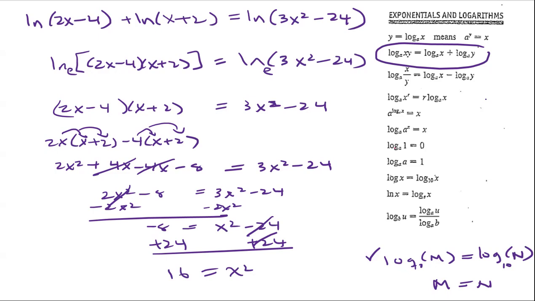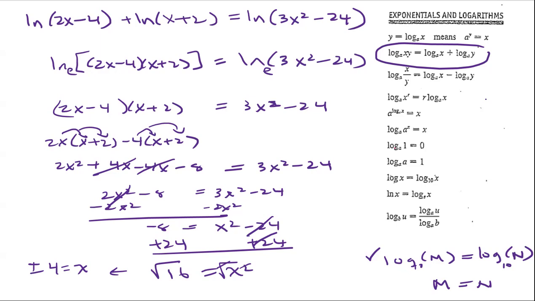Right, so now we have a power of 2. That means we should have two possible solutions. So we're going to take the square root on both sides. All right, so the square root of 16 is going to give us plus or minus 4 equals x. Okay, now if I plug in the 4 it should work out.